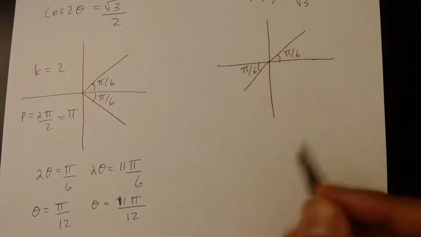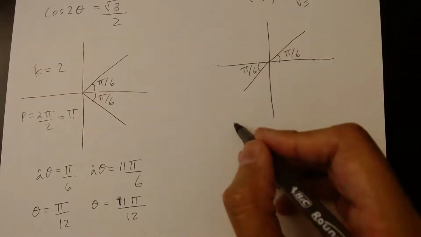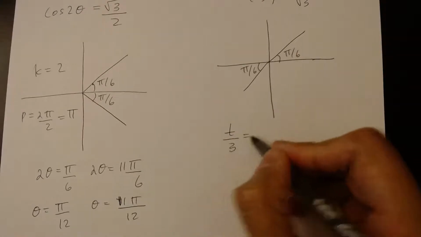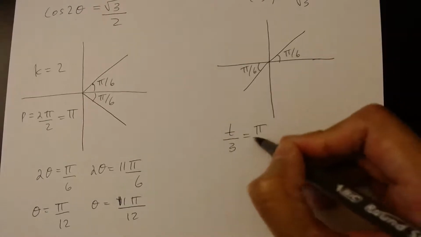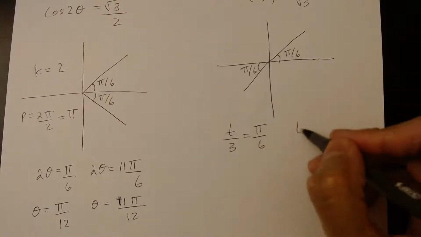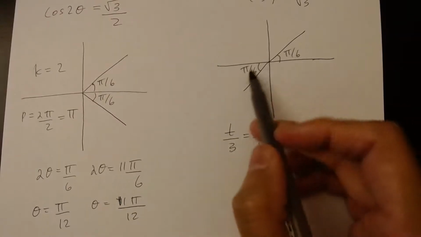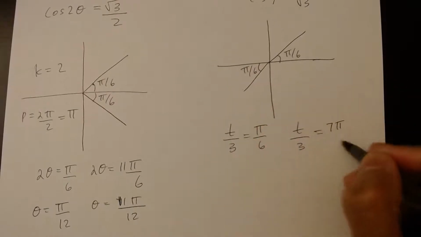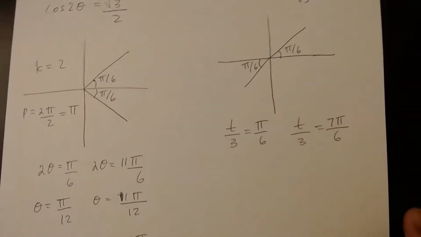And then over here, I know that t over 3 equals my first solution, which is pi over 6, and t over 3 equals my second solution, which is pi plus pi over 6. That's 7 pi over 6.